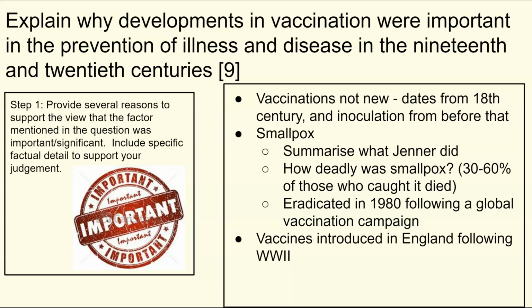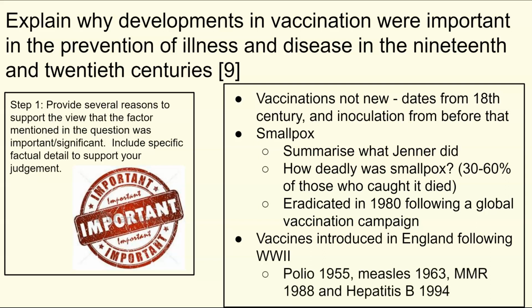You could also continue to talk about some of the vaccines that were introduced in England following World War II. This is kind of like your summary, two or three sentences. So you could say polio vaccine was introduced in 1955, measles in 1963, MMR in 1988, and hepatitis B in 1994.